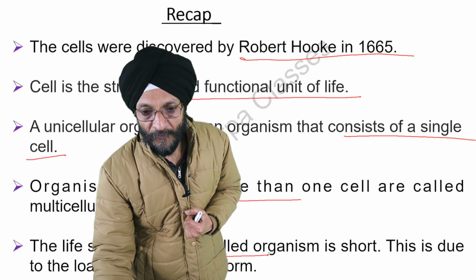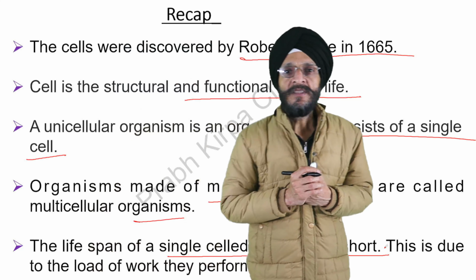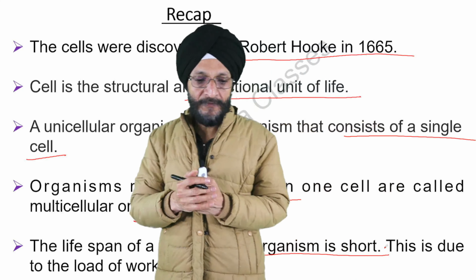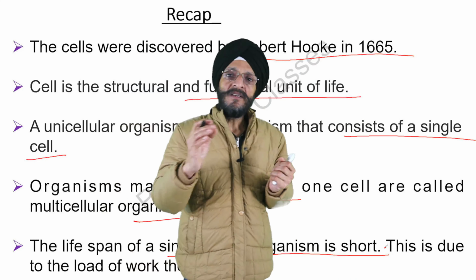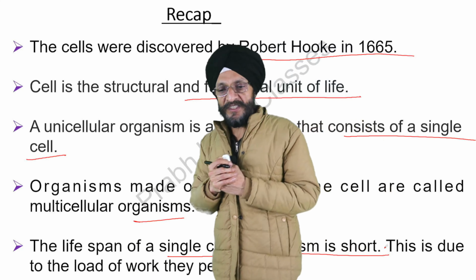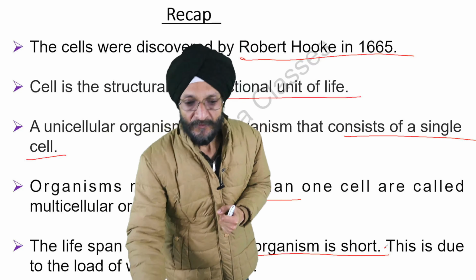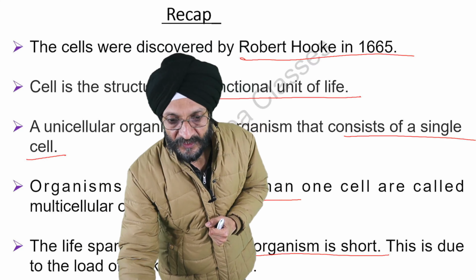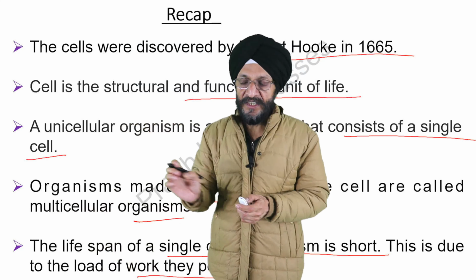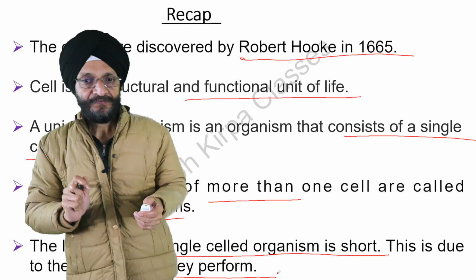The lifespan of a single-celled organism is short because the various life processes such as excretion and digestion are done by a single cell. So the lifespan of a single-celled organism is short because of the load of work they have to perform, because the load of work on the single cell in case of a unicellular organism is very high.